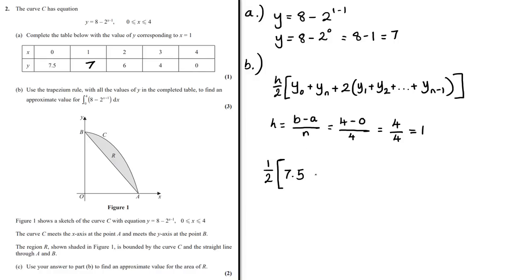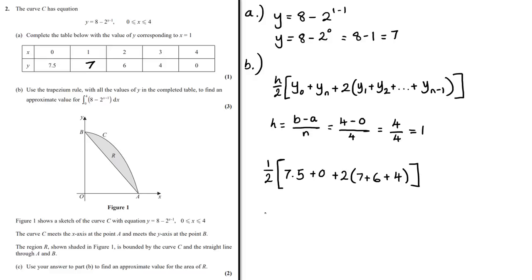So it's up to you whether you put that in. To keep it simple, I'll put it in here just to make it clear, but you don't have to, obviously. 7.5 plus 0 is just 7.5. And now we do 2 lots of everything else. So 2 lots of 7, 6, plus 4. So all these 3 added together. So 7 plus 6 plus 4.